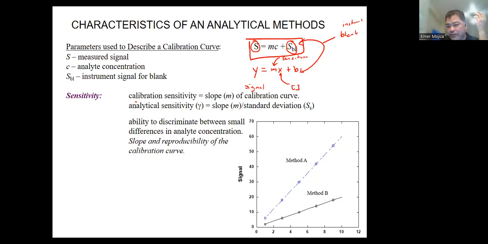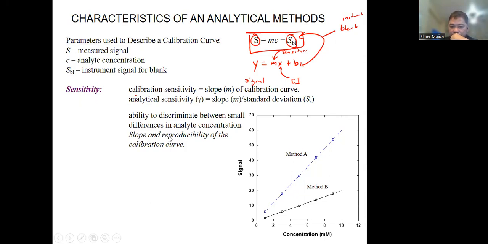Okay? So when you have analytical sensitivity, it asserts the smallest amount of an analyte that can be measured in an assay correctly. Okay, yun yung analytical sensitivity. And slope and reversibility of the calibration curve is needed here.